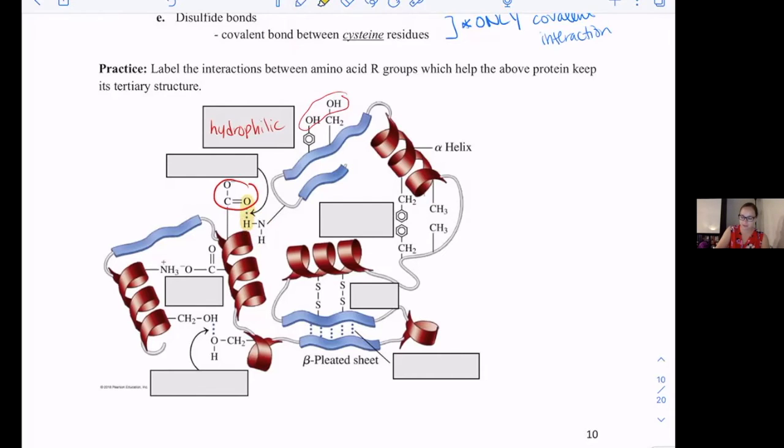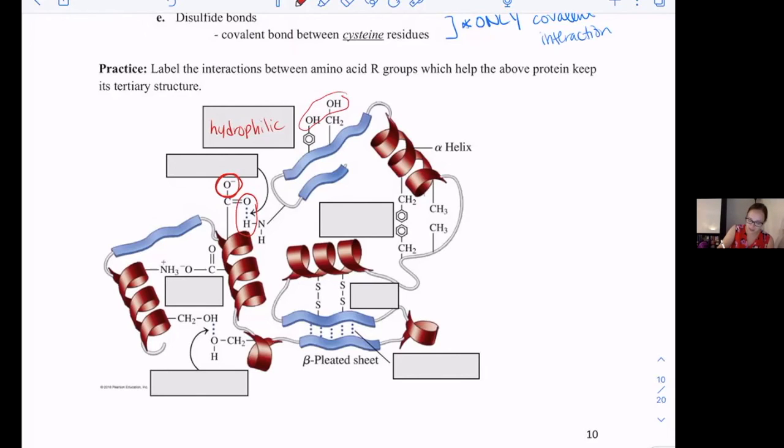If it were a salt bridge, let's just go ahead and define that real quick. If it were a salt bridge, it would have been an interaction with the actual charge, right? Whereas this is showing the hydrogen bonding to the carbonyl. See the difference? To the carbonyl, not to the oxygen with the negative charge. So the hydrogen with the nitrogen.